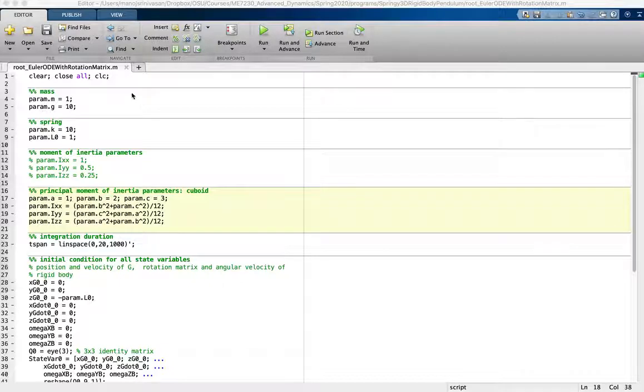Okay, here's the MATLAB program. As usual, we define the mass, we define the spring constant, the rest length of the spring, or the stress-free length.